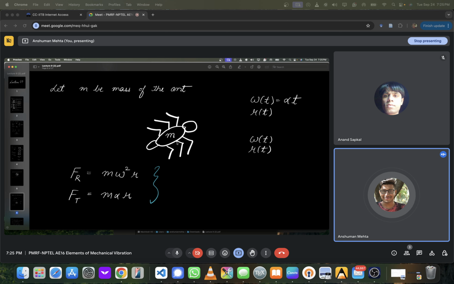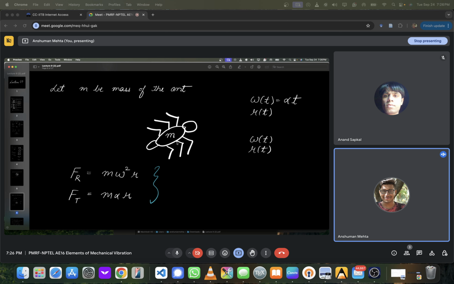Right now the system is an ant walking in a straight line on a disk, so we won't worry about the disk. We'll just take 2 points, A and B, and there's a straight line, and the ant is walking there.